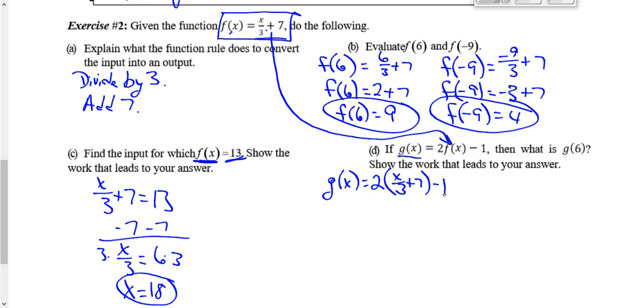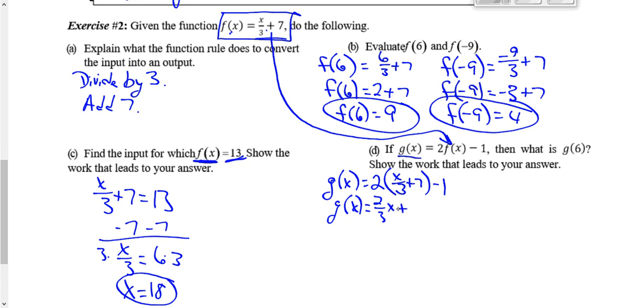All right, so let's simplify this out here. So g of x actually equals what? Not yet. Distribute the 2. 2x over 3, or 2/3 x, right?